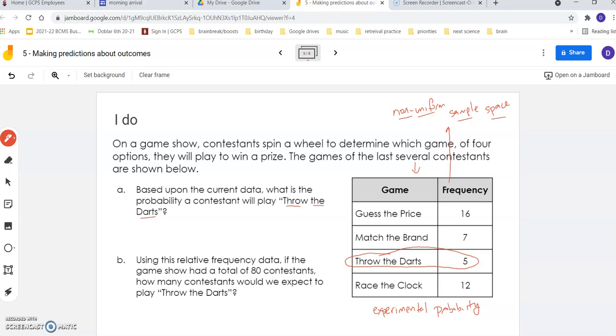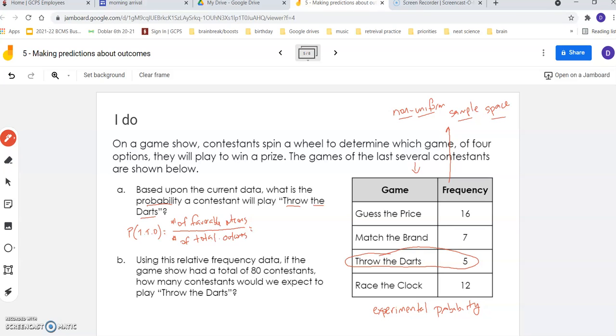All right, so remember, to find the probability of any event, so in this case, the probability of the Throw the Darts game, is the number of favorable outcomes out of the number of total outcomes, or the size of the sample space.